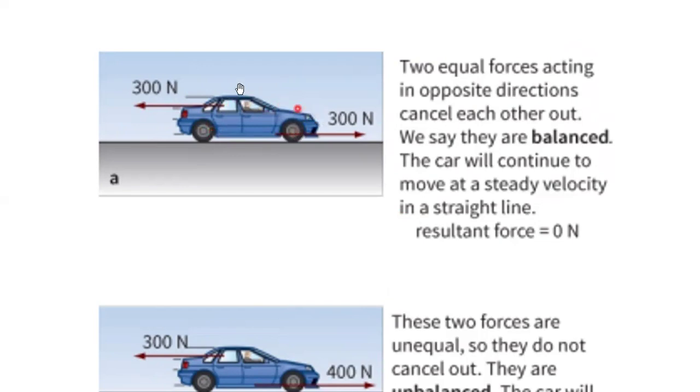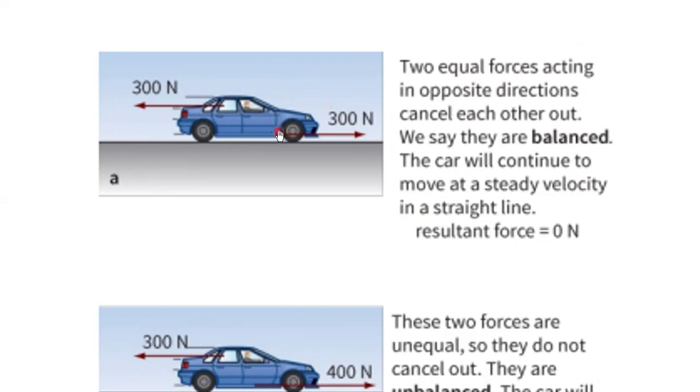So let's say this car is moving at a constant speed or a steady velocity. Let's say there are two forces applying in opposite directions with an equal force value of 300 newtons. So in this scenario, we consider this a balanced force.